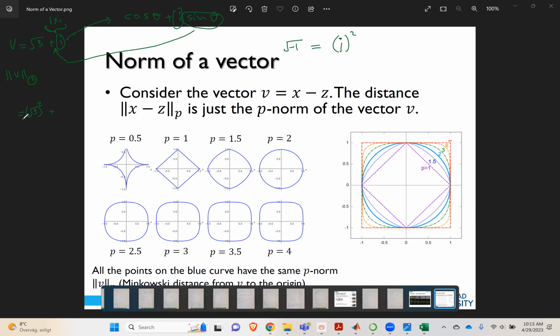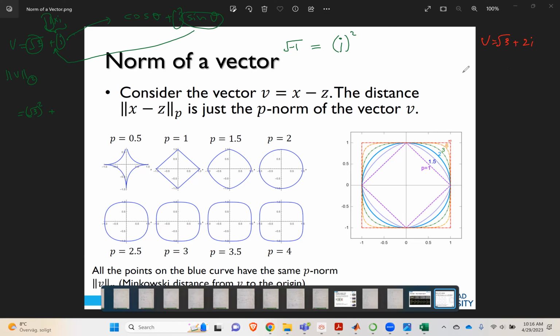So when I take the L2 norm, I just take this term and this hidden value. If I write it like, I'll change the color of my pen to red, V equals square root of 3 plus 1y, it is easier to understand, right?